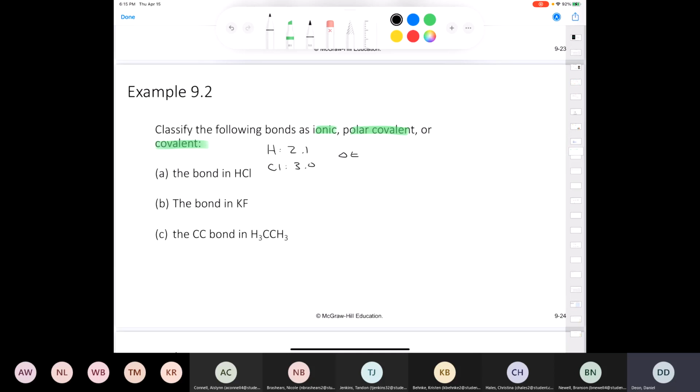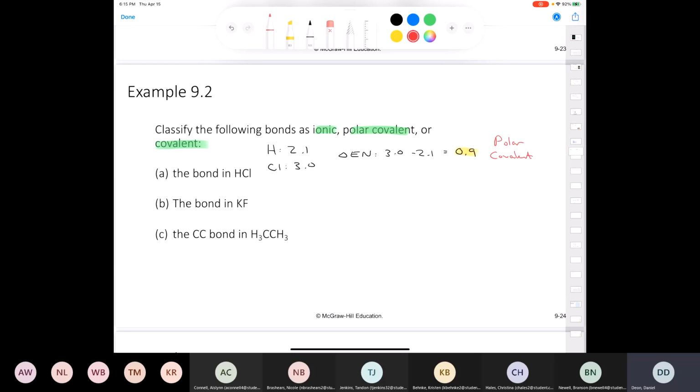So if I want to figure out the difference in electronegativity, I take 3.0, subtract 2.1, and I get 0.9. Now, 0.9 is in between 0.4 and 2, and so that means that this is a polar covalent bond. So we'll just call it polar covalent.